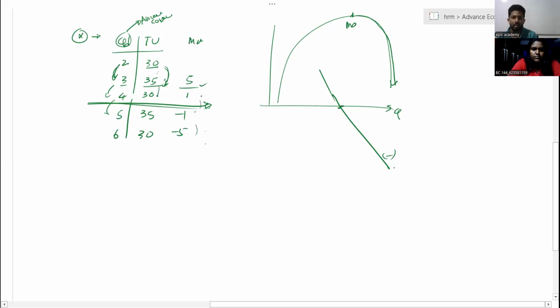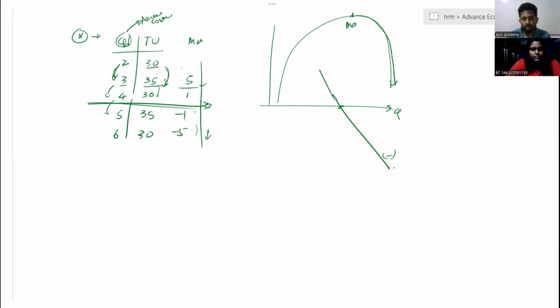Marginal means additional utility to the total utility. So you can identify the changing amount can be reduced. So now you are going to think whether you are going to consume the marginal unit or not.